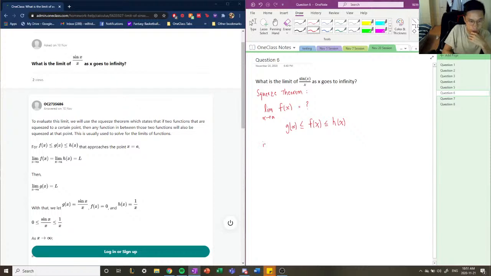So if the limit of g of x as x approaches a and the limit of h of x as x approaches a both equal the same limit L, then the limit of f of x as x approaches a also equals L, okay? So this is the squeeze theorem, all right?